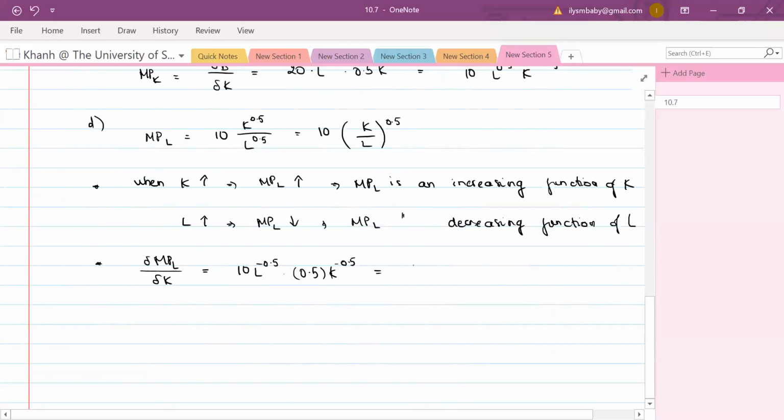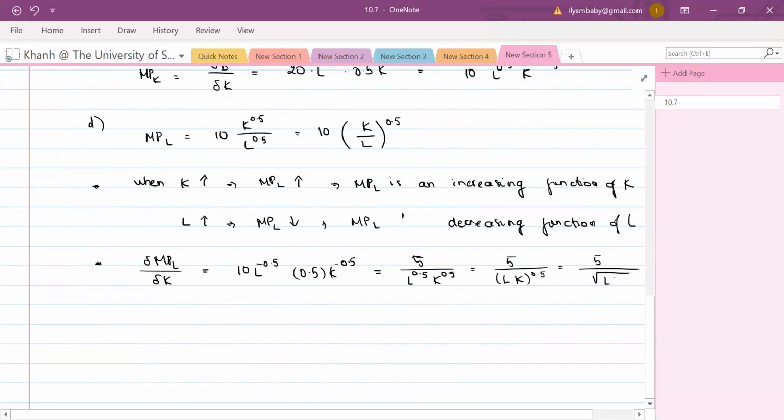So 10 times 0.5 gives me 5. And I want to get rid of all of the negative signs, so I move L and K to the denominator, so that becomes L half, K half. That is just 5 on L times K, everything square root, which is power half.